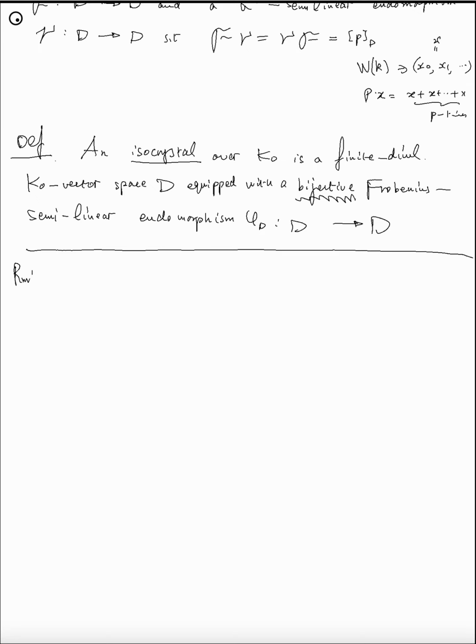Remark, this is an abelian category, and we denote this abelian category of isocrystals over K0.